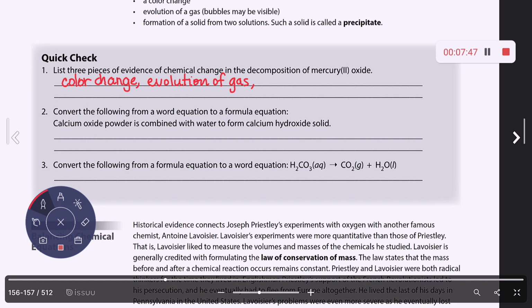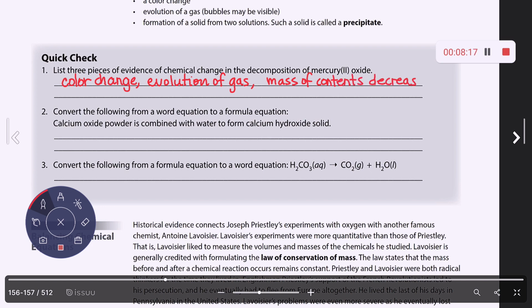Okay, so what I would do also here is if you're losing or producing a gas and it's an open container, would the mass increase or decrease? Decrease because the oxygen is leaving. So even though this wasn't listed up above, you could say that the mass of the contents decreases.